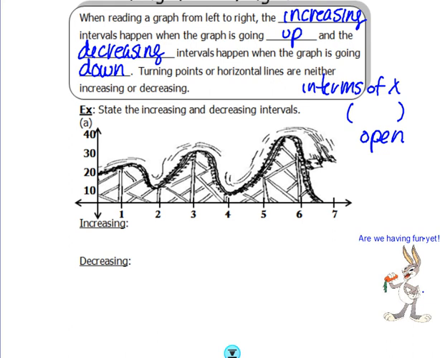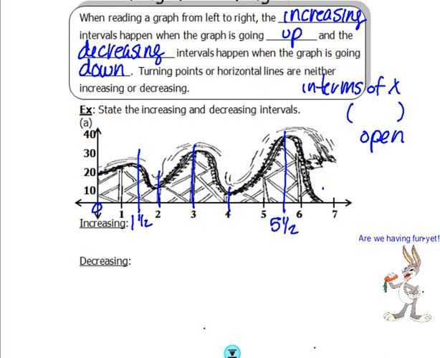All right, the way I like to do this is mark my turning spots first, reading from left to right. This is like a snippet of a roller coaster that has lots of up and down hills. It starts at 0, and then it changes direction at about 1.5. We're going to estimate right now. Then we change direction again at 2, again at 3, again at 4, and then again at about 5.5, which is estimating.